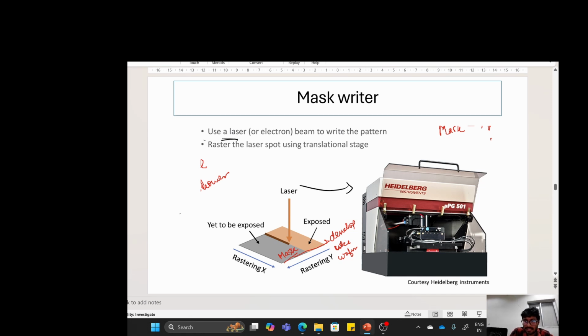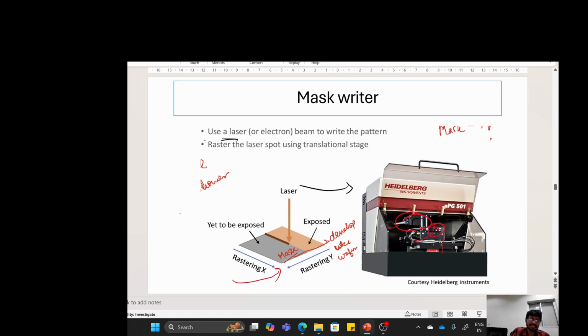This is the head of the laser, and over this is the stage, and on this stage you can keep your mask.